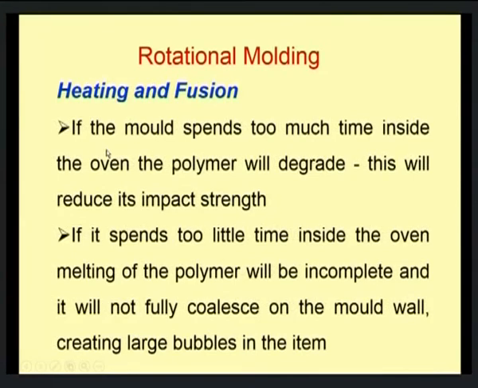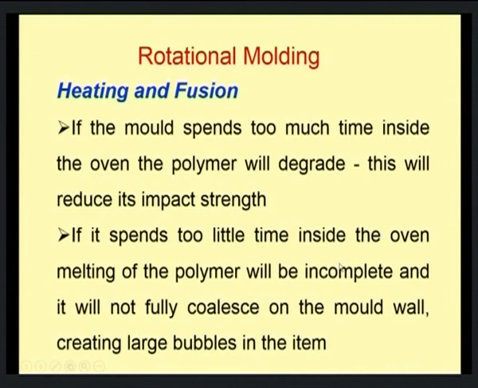If the mold spends too much time inside the oven, then that will result in degradation of the polymer. So, polymers will normally degrade above their melt temperature. If it is going to degrade, still a product would be formed, but then this will reduce its impact strength. At the same time, if it spends too little time inside the oven, the melting of the polymer will be incomplete.